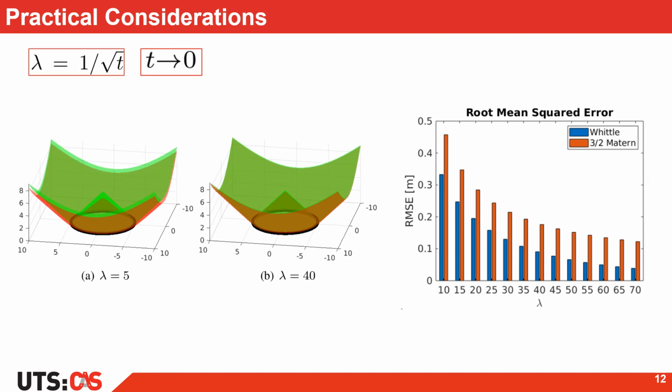This means it cannot be used for GPS gradient inferences. The Whittle covariance is a special case of the Matern covariance family, and Matern epsilon equals 1.5 is once differentiable, which is more suitable for distance estimation with gradients. We propose to use the Matern version as a trade-off for extra information.